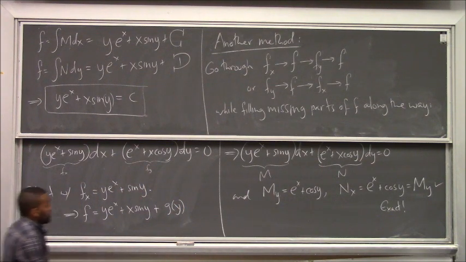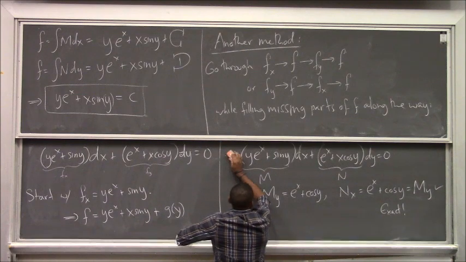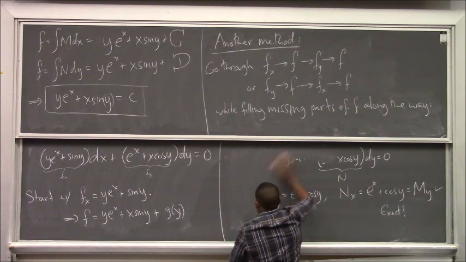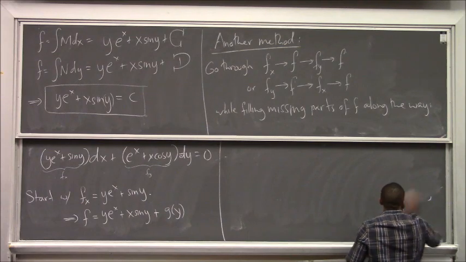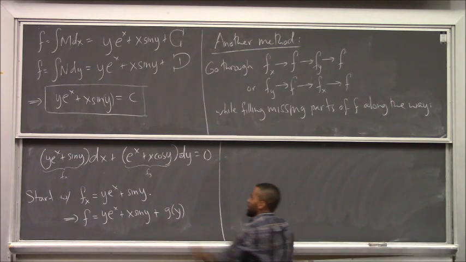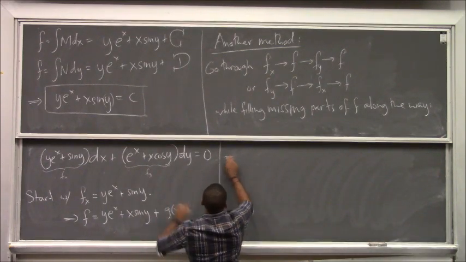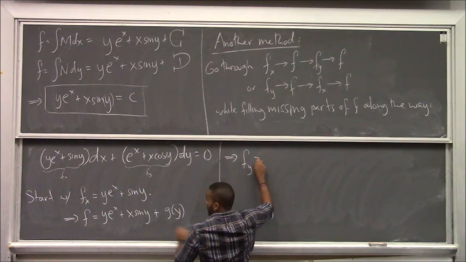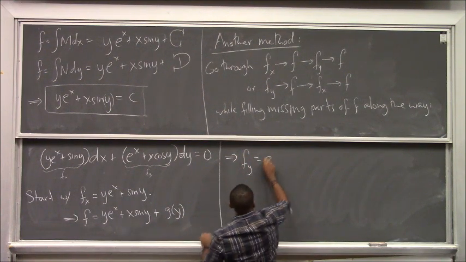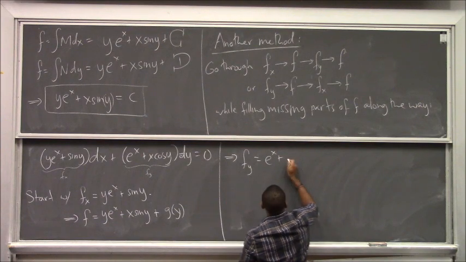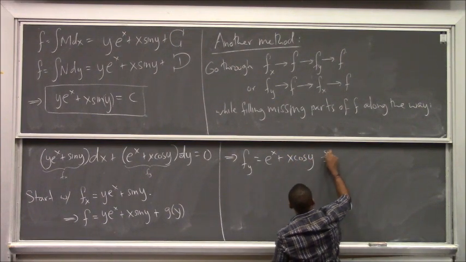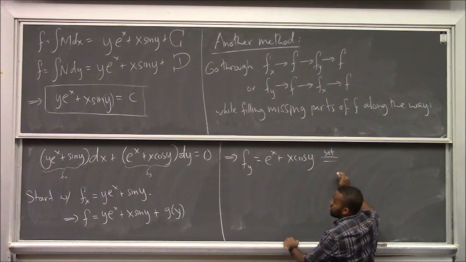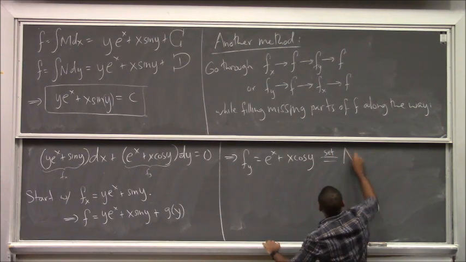And so what you can do then is differentiate this with respect to y. Why? Well, because it's the guy over here. So then if you differentiate this guy with respect to y, you would get e to the x plus x cosine y, and then you set this equal to, well, the N, right?